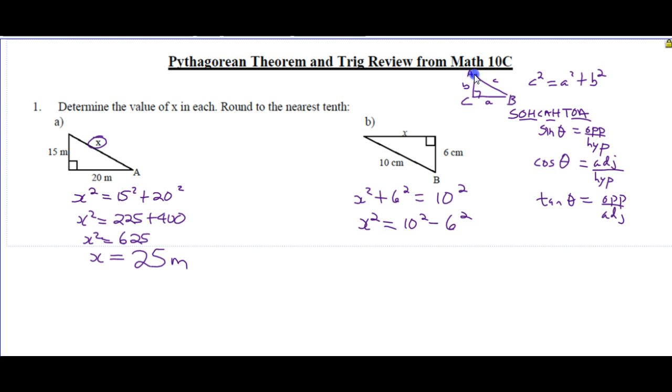So if you're figuring out one of the other sides, there's going to be a subtraction operation going on, right? Because we know this is the longest side. So x squared is 100 minus 36, which is 64. And so x is 8 centimeters, right? So in this case, there's a unit associated with it, which is centimeters.